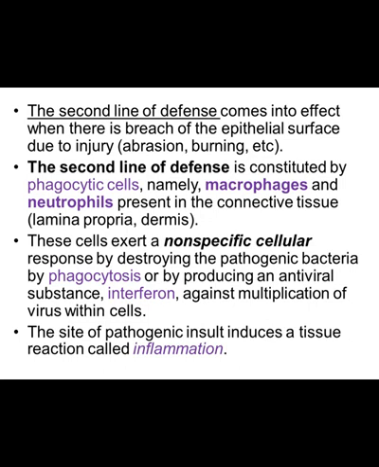These cells exert a non-specific cellular response by destroying the pathogenic bacteria by phagocytosis or by producing an antiviral substance, that is interferon, against multiplication of virus within the cells. The site where pathogenic insult is induced is called inflammation.